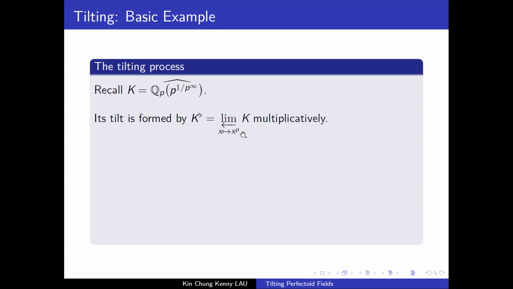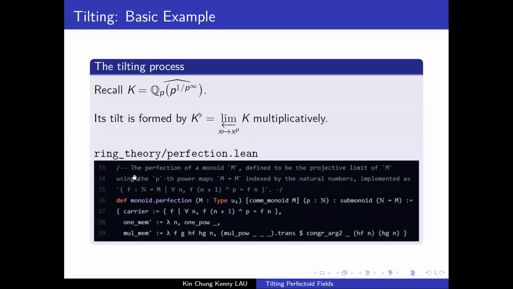We take the inverse limit over this map, which means we form a tower of K, each mapping to the next by this map, and then take the inverse limit. More concretely, we define it to be the set of sequences indexed by natural numbers, such that each one is a pth root of the previous one. So you can see here that the (n+1)th element to the power p is the nth element.